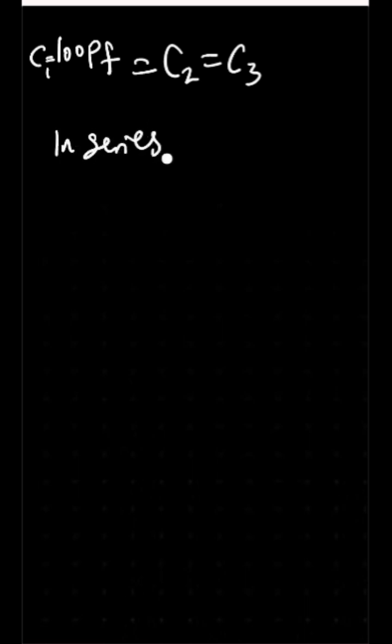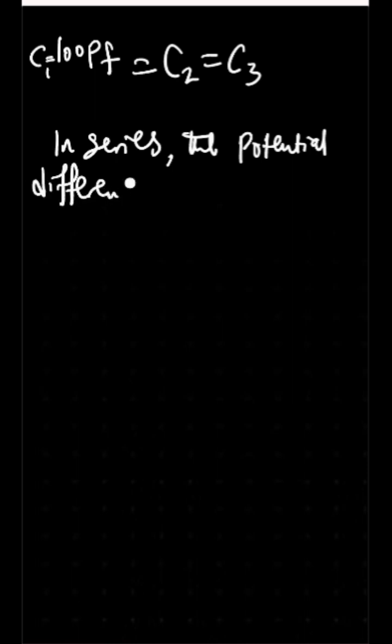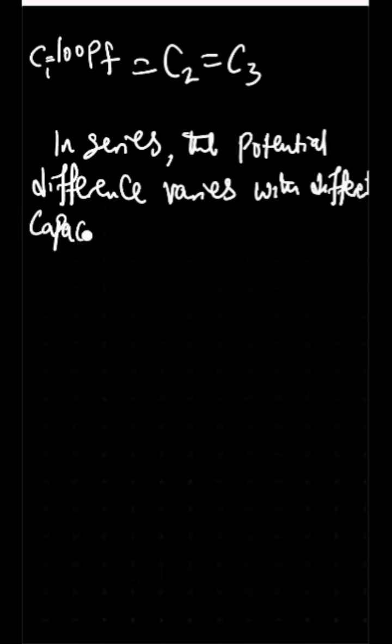In series, the potential difference varies with different capacitors. So that means that to get the total potential difference, you have to sum the potential difference on each capacitor together.